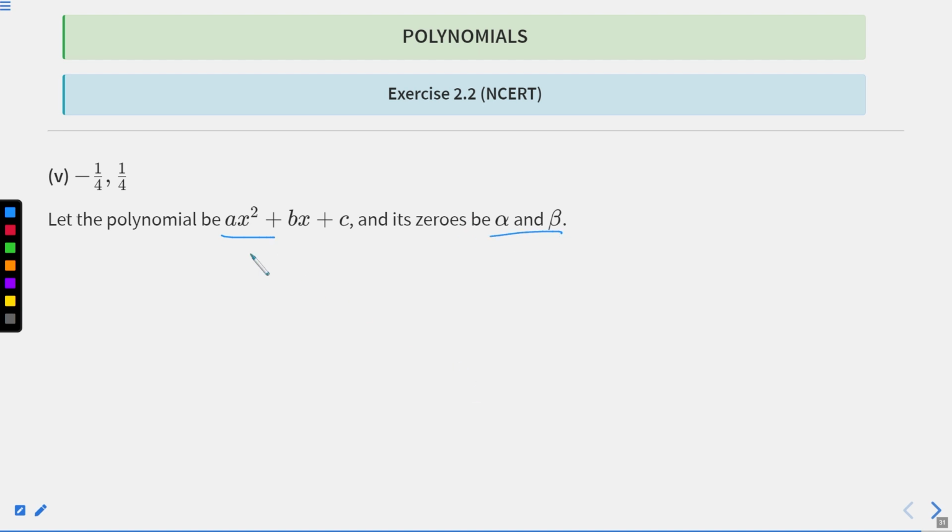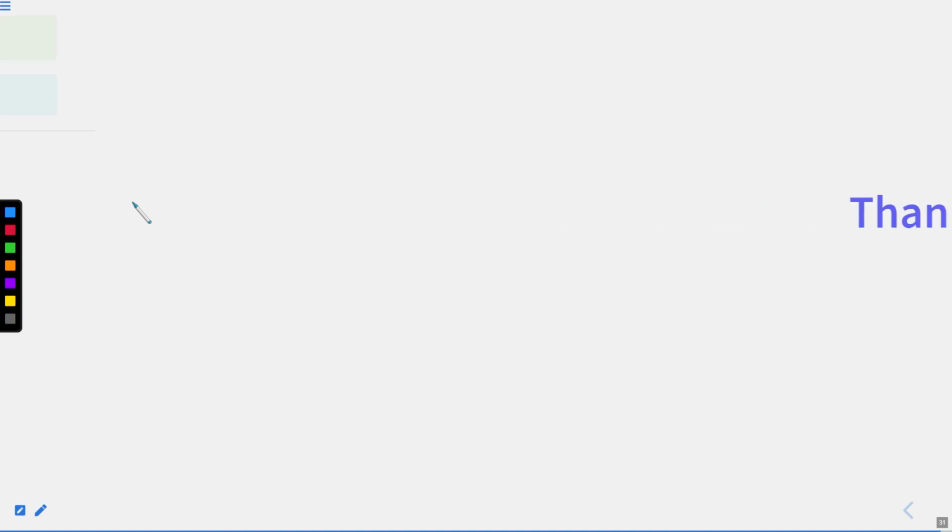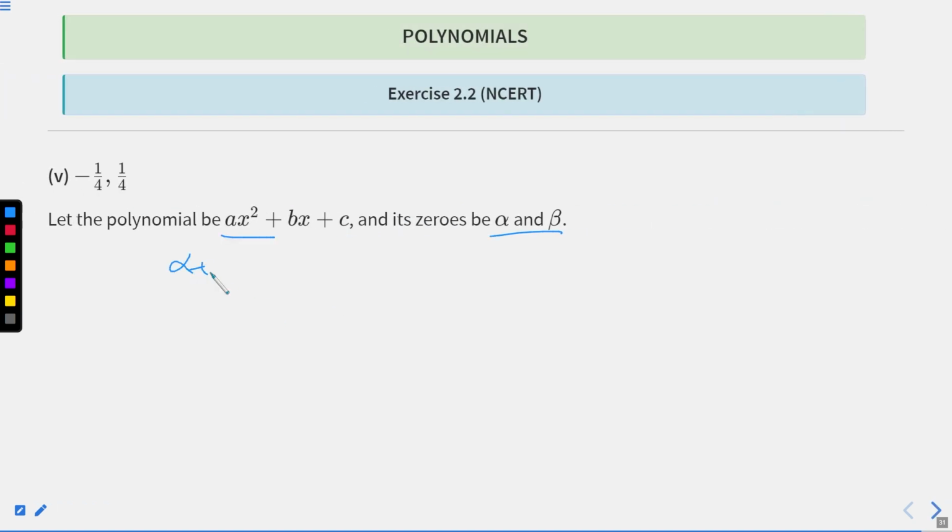Okay, so now alpha plus beta is equal to minus 1 by 4, and the product of its zeros, alpha times beta, is equal to 1 by 4. So this is equal to minus b upon a, and this is equal to c upon a. Okay, so if a is equal to 4, then b is equal to 1 and c is equal to 1.